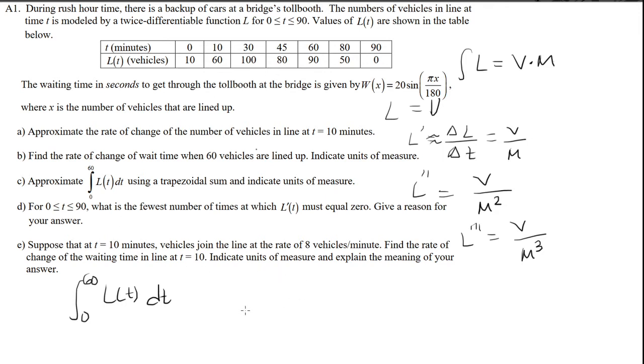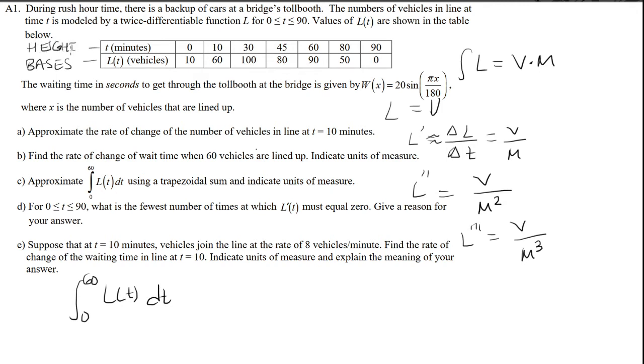I'm going to use the trapezoidal sum. If you want, you can graph this to visualize it. Basically, the L of t values are the bases of my trapezoid, and t is going to be my height.